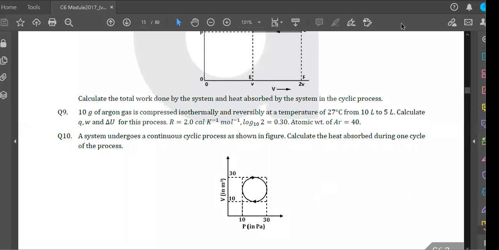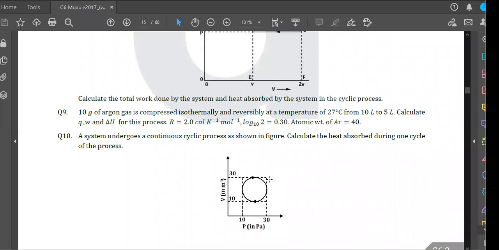Okay. See, if you remember the concept, I just told you that for a cyclic process, the work done is the area under the curve. Yes or no? How many of you remember this? So this is your circle. The work done is just the area under the circle, which is pi r squared, right?